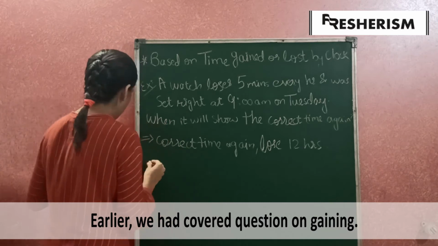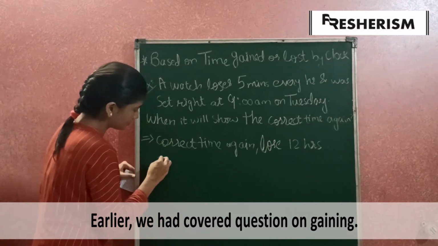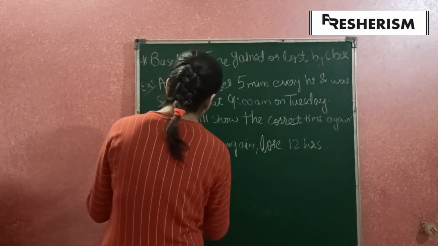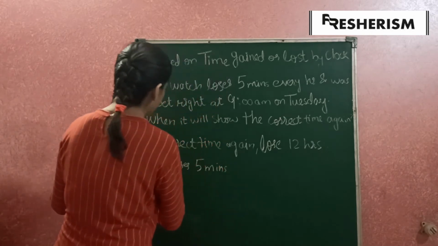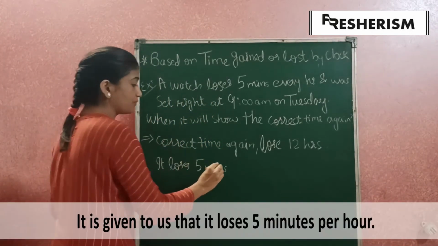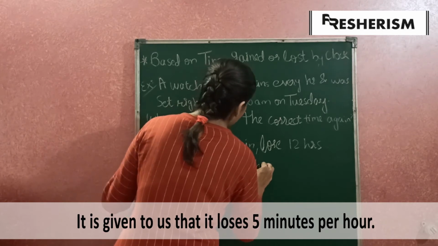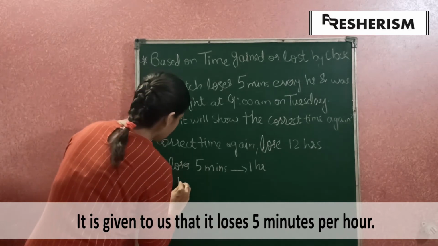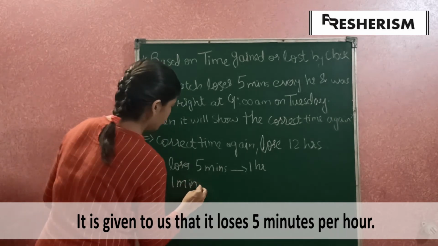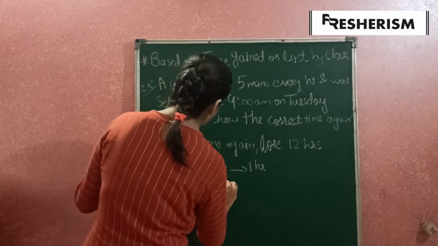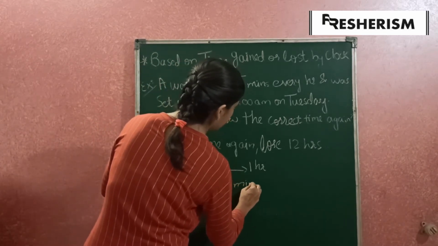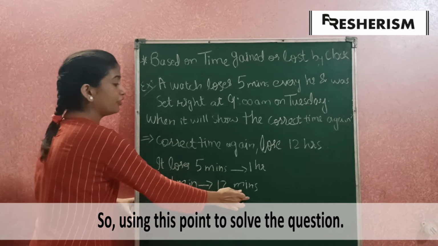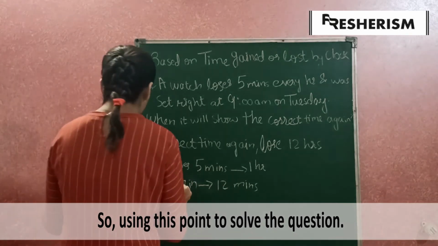So it is mentioned that it loses 5 minutes in 1 hour. So therefore it loses 1 minute in every 12 minutes. In every 12 minutes it is losing 1 minute.